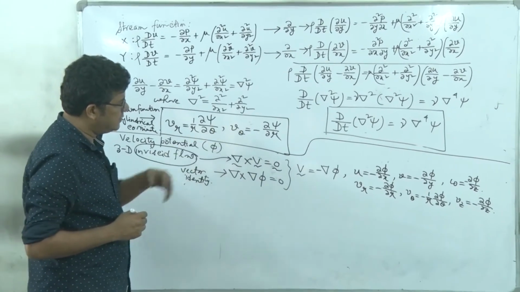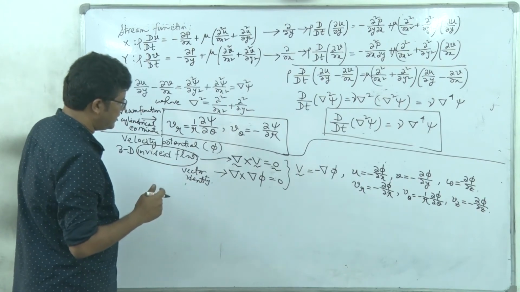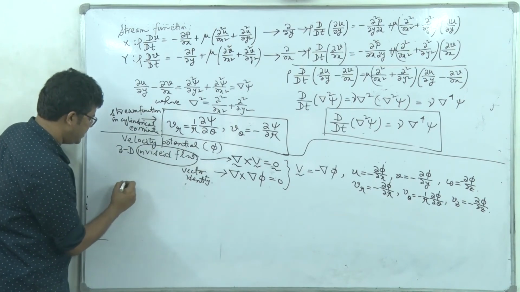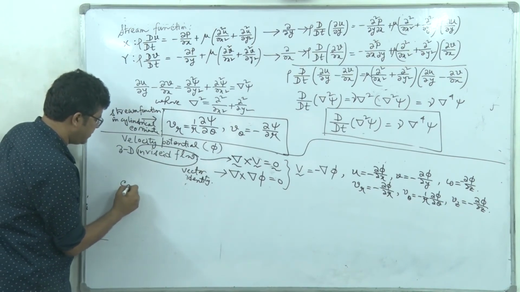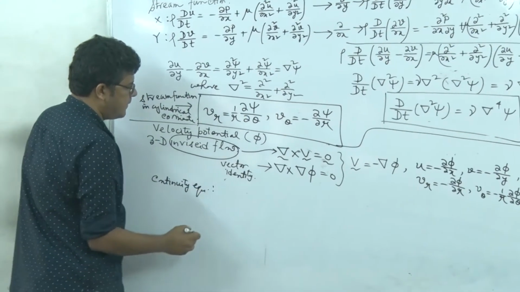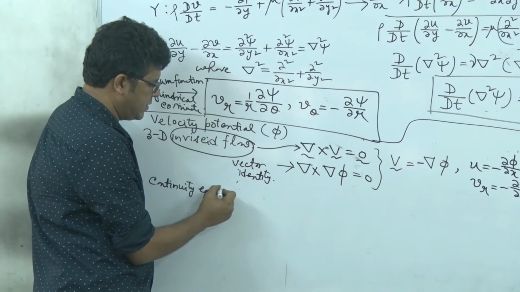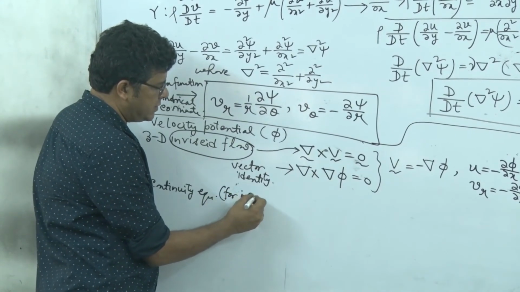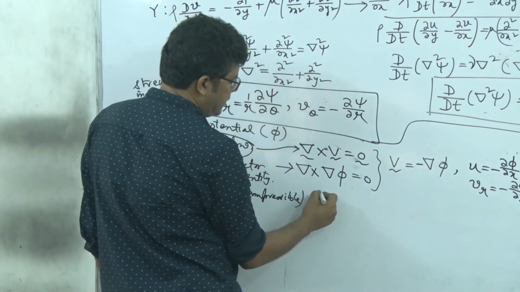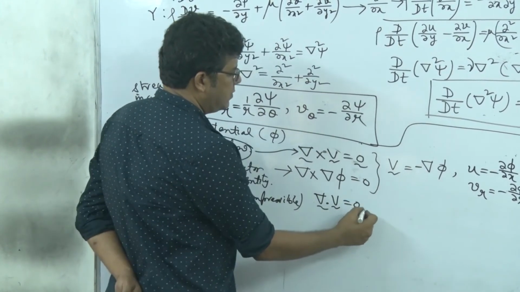Now you see this velocity potential has certain other properties as well. It satisfies the Laplace equation because it is inviscid, and the continuity equation, let's assume further incompressible, is del dot V is equal to 0.